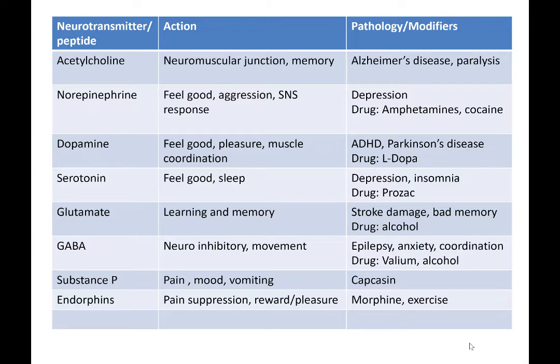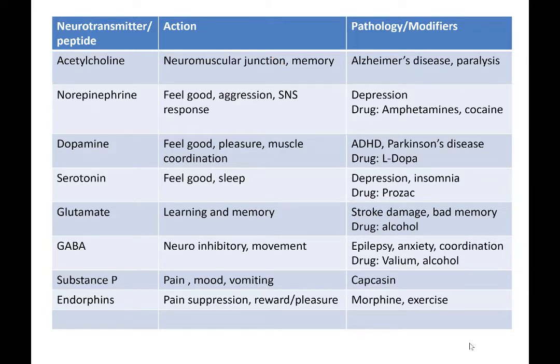And that's where we have the neuromuscular junction. Or, somebody with Alzheimer's disease is going to have issues with which neurotransmitter? Both of those would be acetylcholine.